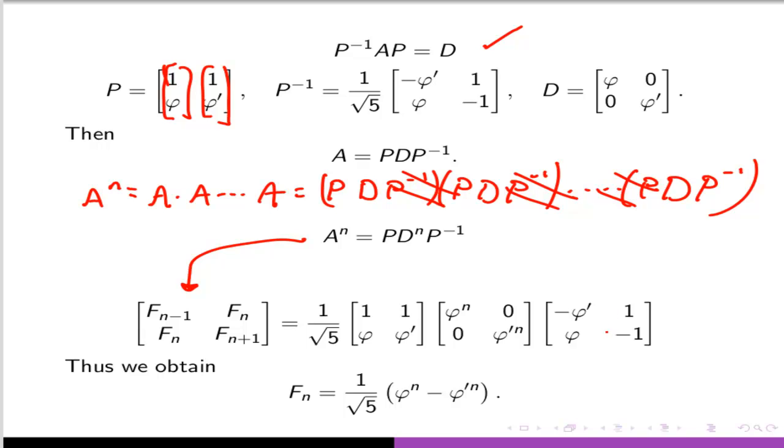And so multiplying it out and just picking out, say, this entry here, which is the first row, second column, you take the first row and the second column here, and when we multiply that out, we'll get phi to the n minus phi prime to the n, and then the 1 over root 5, which is exactly the formula we ended up with last time.